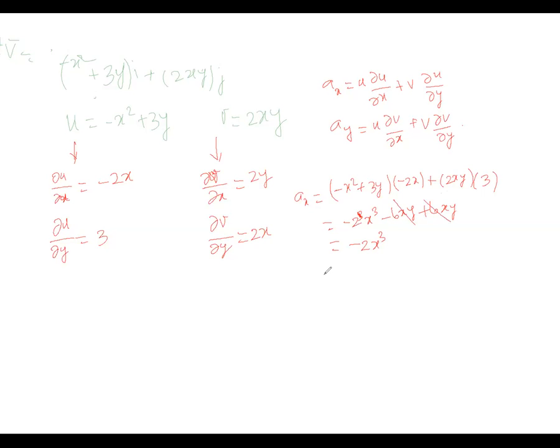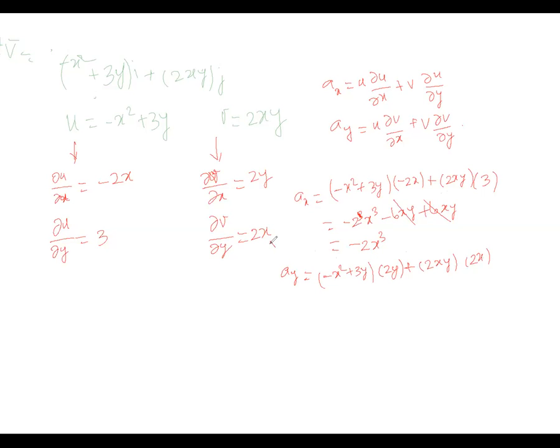Similarly, ay is given by u, which is (−x² + 3y), times ∂v/∂x, which is 2y, plus v, which equals 2xy, times ∂v/∂y, which equals 2x.